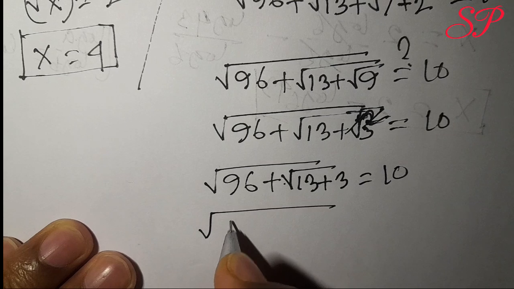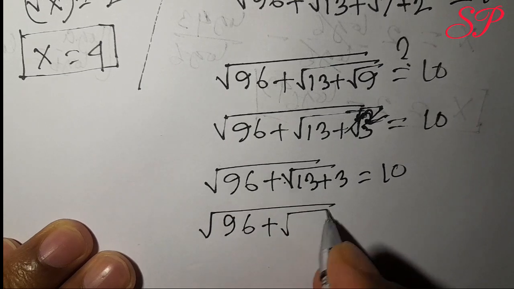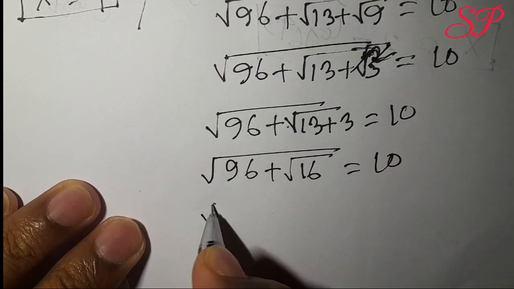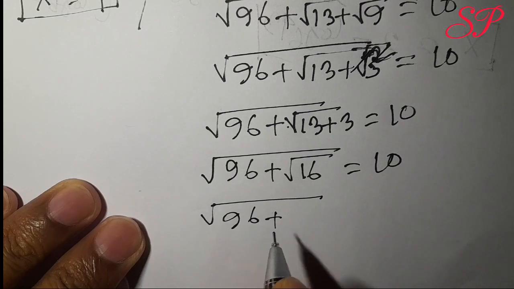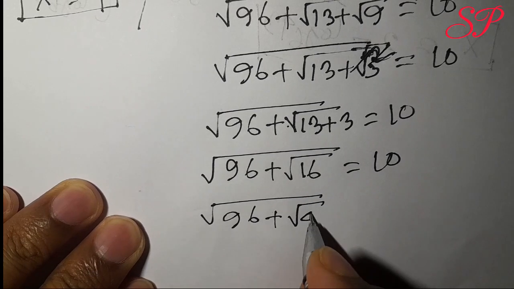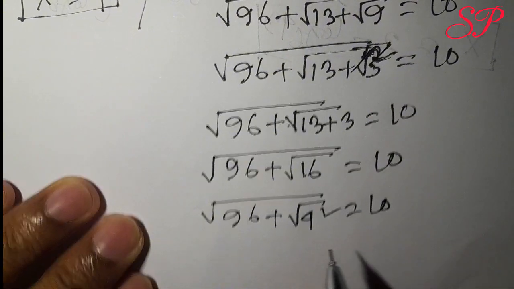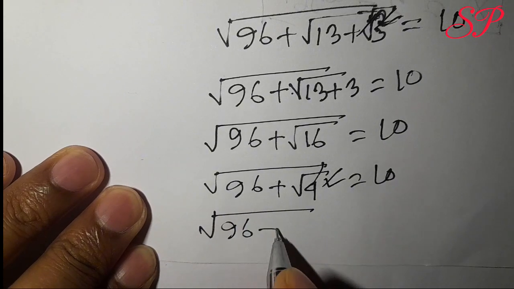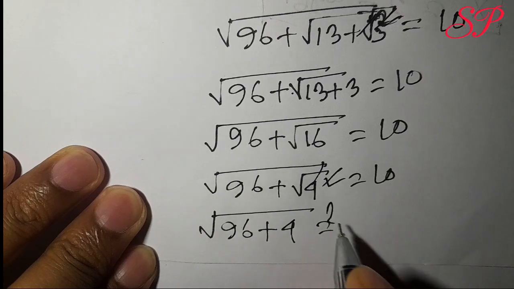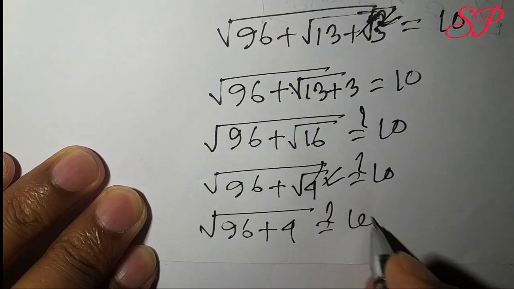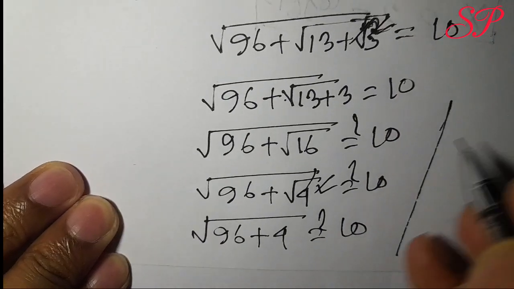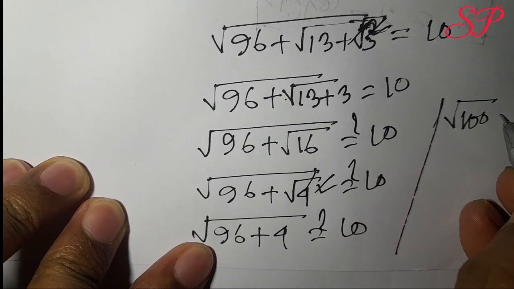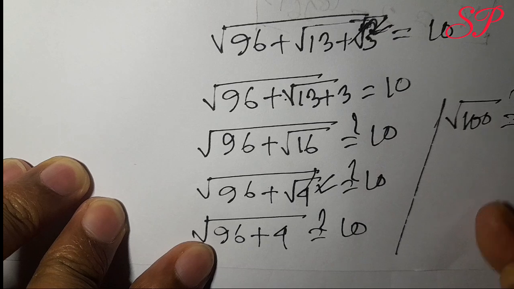Then we can write 96 plus root 16 is equal to 10. Then we can write 96 plus root 4 square is equal to 10. Square and root cancel, so 96 plus 4 is equal to 100.